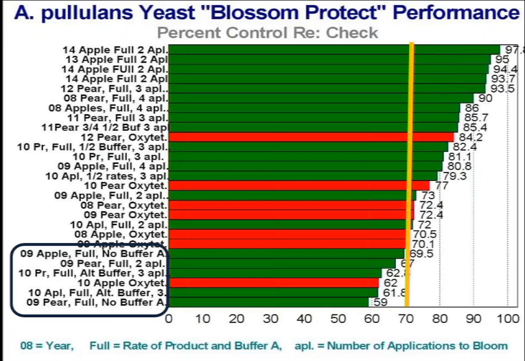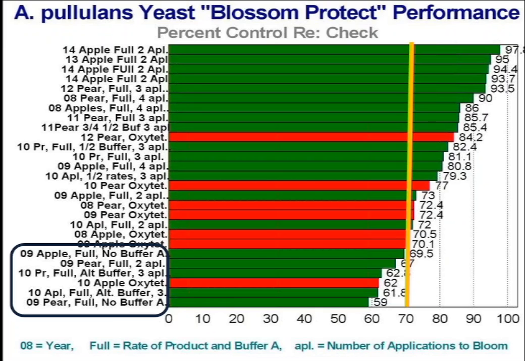Now this is a summary of most of the good results that I've had on Blossom Protect, the Aureobasidium pullulans yeast. And this was the product that surprised me the most over the years. Those red bars are examples of oxytetracycline results through the years.